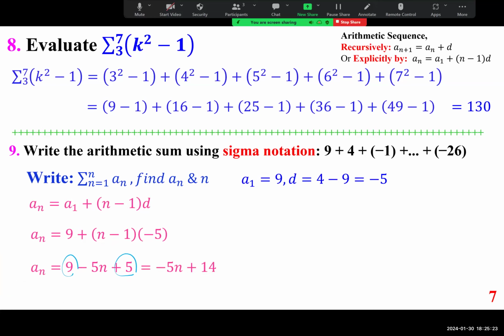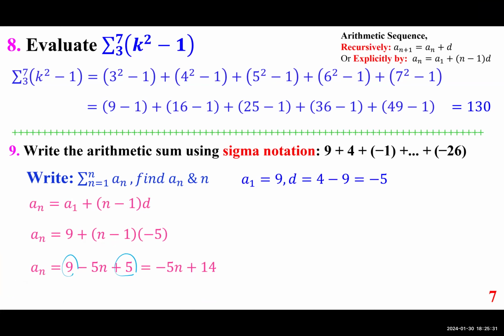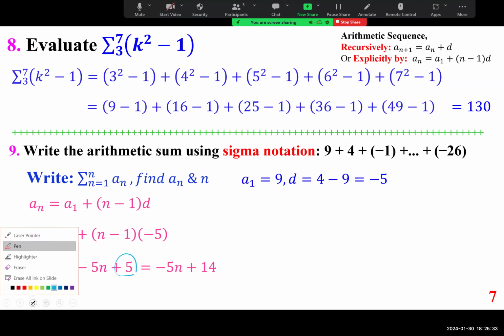So here's your a sub n, the formula for a sub n. And the value for a sub n is this one, because we don't know which term this is. We need to figure out the value for n. So we set this one equal to the last one that we have here to figure out what is n.